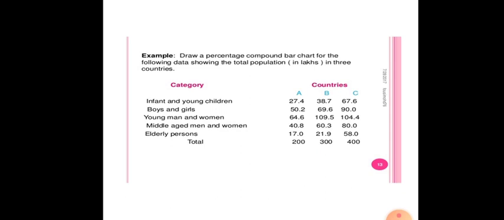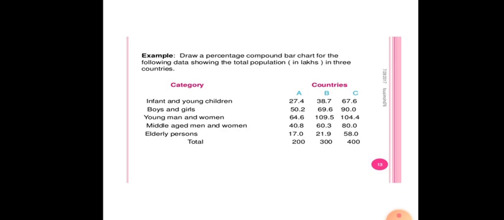Now see, the categories are given and the countries are given. There are 3 countries: A country, B country and C country, and the category is infants and young children. In country A it's 27.4, in country B it's 38.8, 33.7, and in country C it's 67.6.